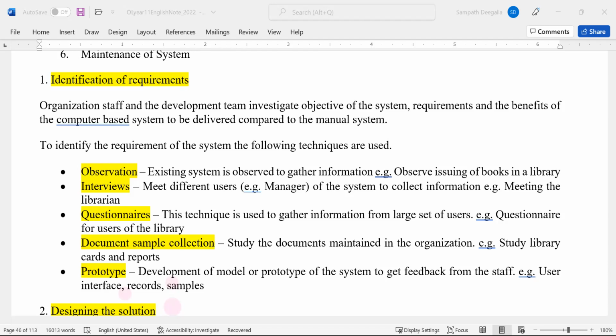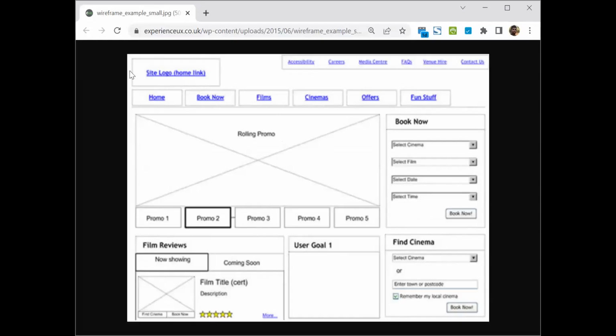Right now, let me share one example. So here is one example. You create a simple interface, and maybe you can share it with the principal and get their opinion, right? Now, this is not the real interface, but you can say, okay, here is where the logo comes in.